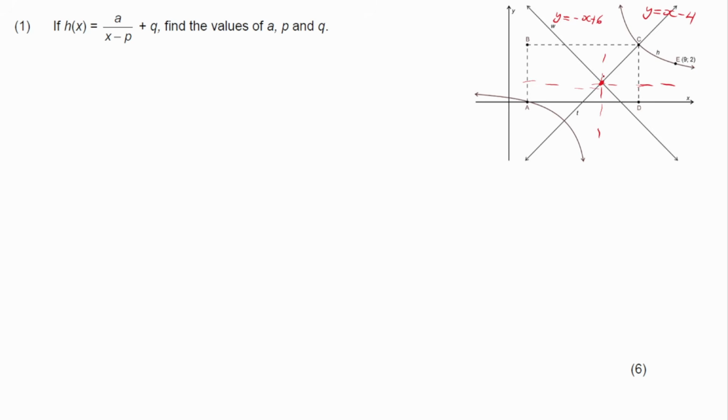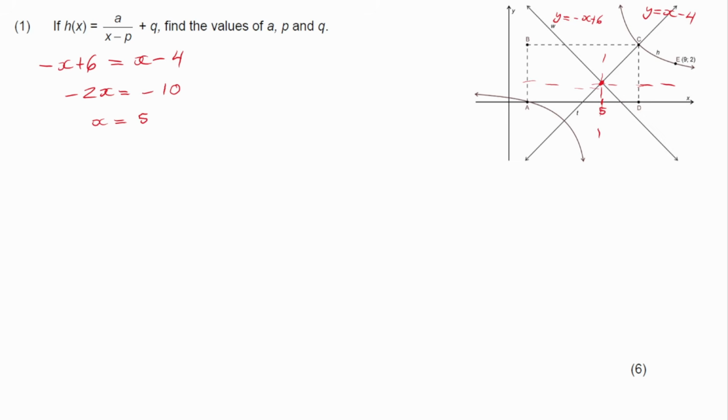So to find the x-coordinate, we can just set the two functions equal to each other to find the point of intersection. So when we do that, we get minus 2x on this side, it's minus 10. So x is equal to 5.